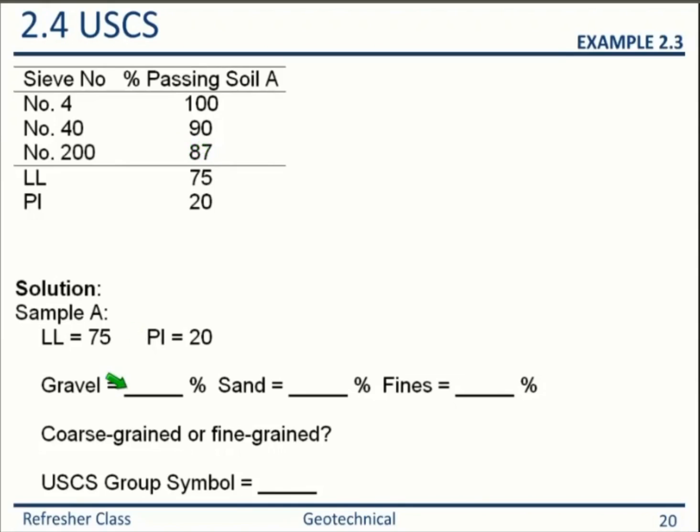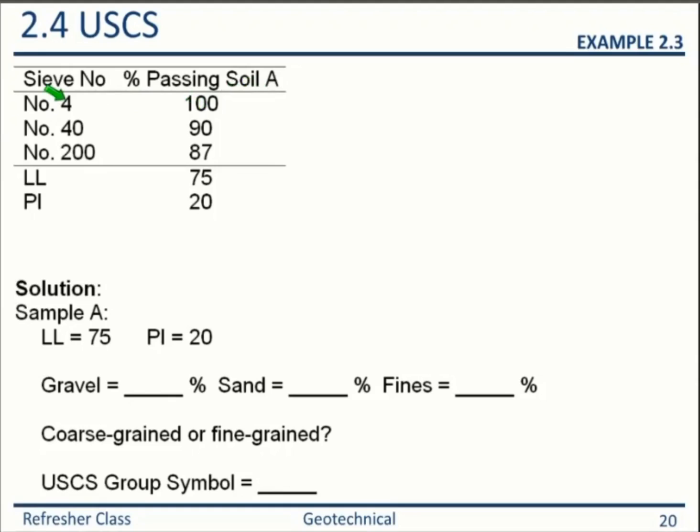Can you find the percentage of gravel here? Zero, right? Why is that? Anything not passing through number 4 is gravel, right? The percentage retained on number 4 sieve is gravel. But in this case, for soil sample A, 100% is passing through number 4 sieve, therefore gravel is 0.